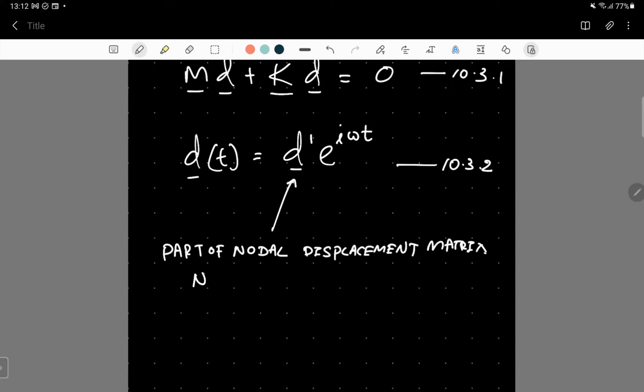We call it natural modes. So these natural modes are assumed to be independent of time. Okay, so i is the standard imaginary number, where i is equal to the square root of -1, and omega is of course the natural frequency.